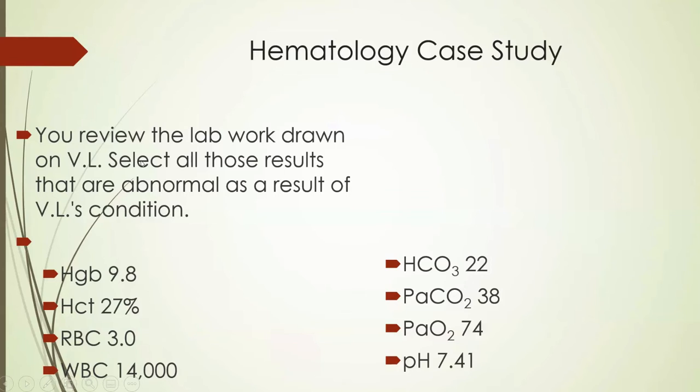And when you run into a question like this, it could be a select all that apply. You might want to look at each answer choice and say, if I could only select one answer, would I choose this? Well, remember with sickling, they're blocking blood flow to an area. So then those areas past the occlusion are not getting oxygenated.